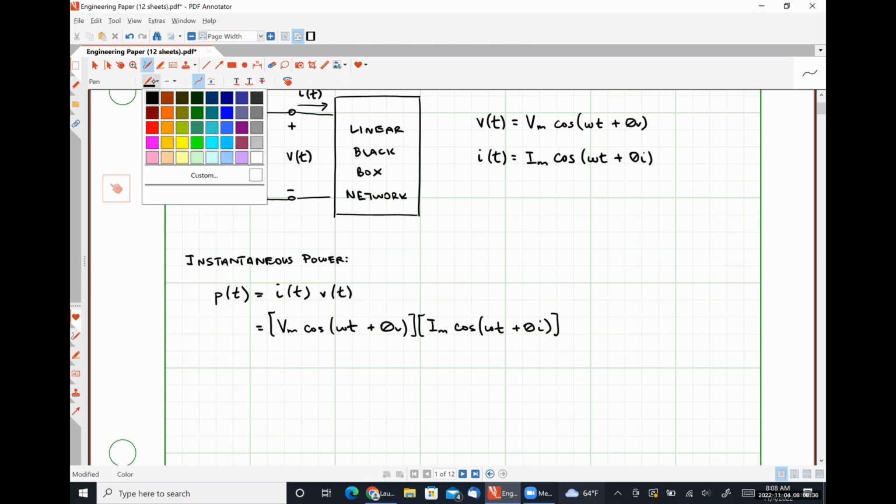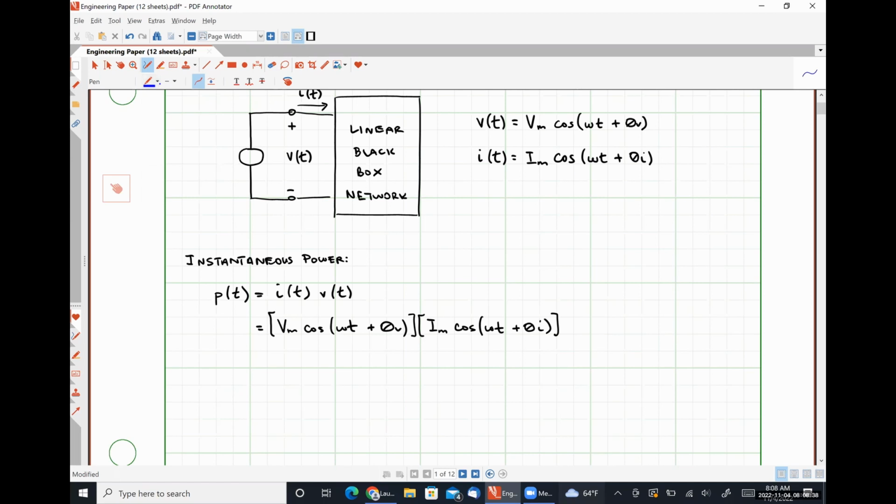I'm going to write it here in blue. Cosine of angle 1 times cosine of angle 2 is 1/2 cosine(angle 1 minus angle 2) plus 1/2 cosine(angle 1 plus angle 2).